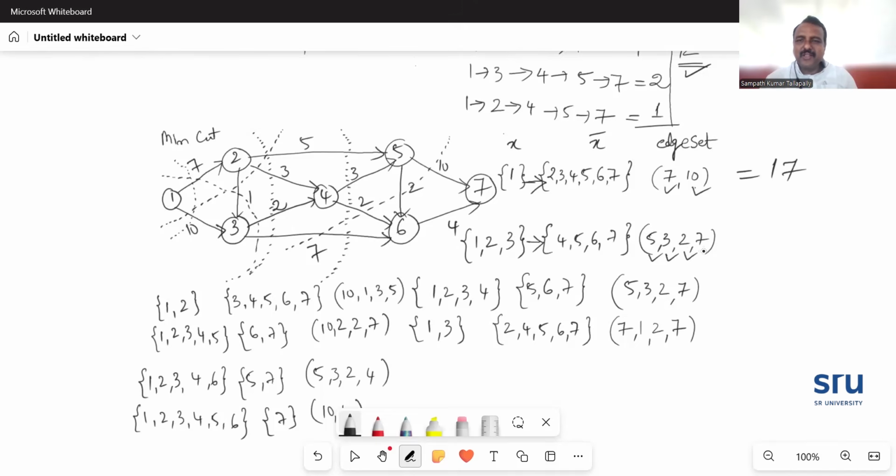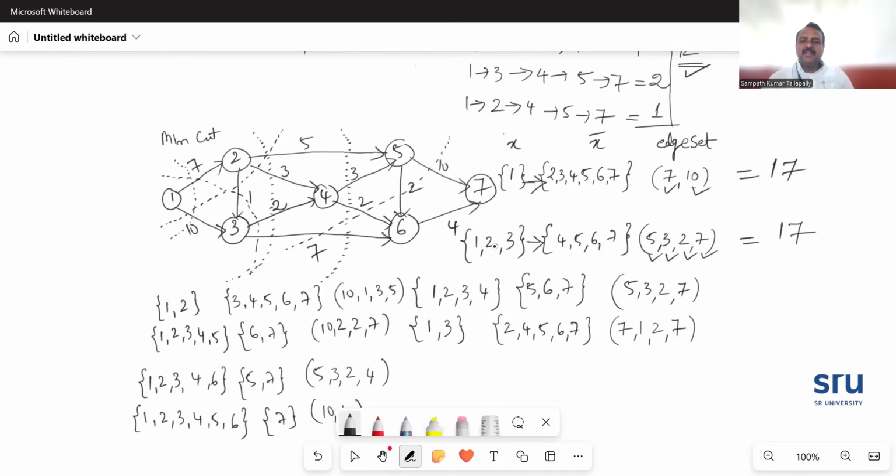So this is also valid. Now we are having 7. 7 is in between 3 and 6. 3 is here and 6 is here. So it means that all the elements are valid. So this is 5, 3, 2, 7. What is the value of my 5, 3, 2, 7? The value will be equal to 17.